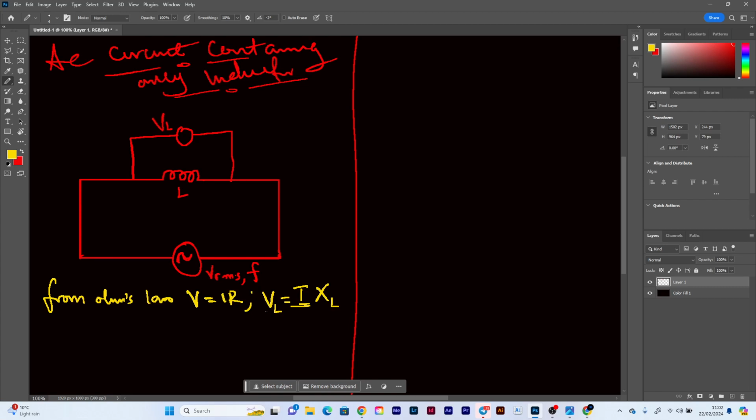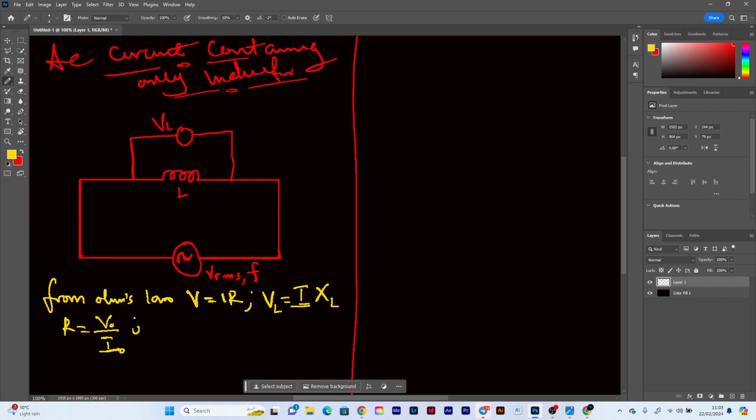So I've substituted for the inductor voltage, then current, then the inductive reactance, which is equivalent to the resistance offered by the inductor. Are you following now? So from here, you see that R is equal to V over I, which can be peak voltage over peak current.